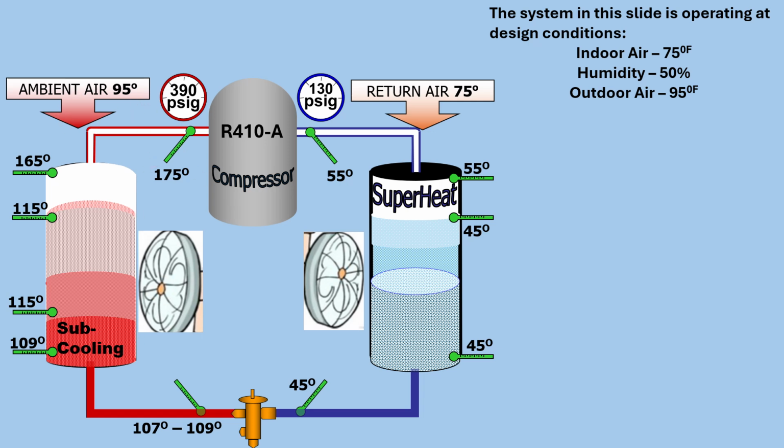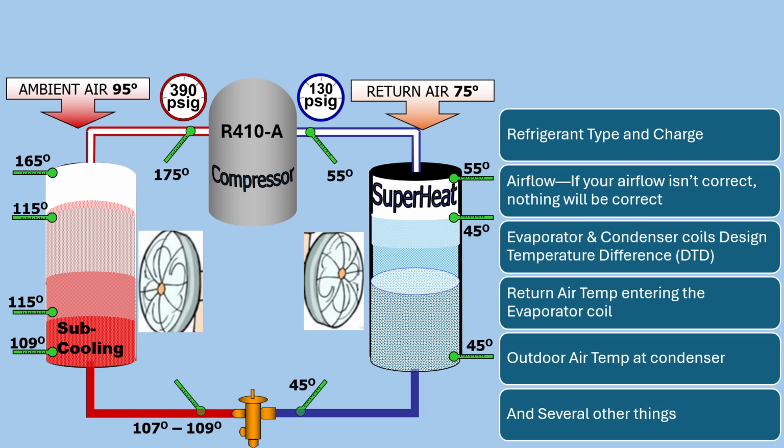And this is provided we have to know the refrigerant type and charge, airflow. If your airflow isn't correct, nothing will be correct. Evaporator and condenser coils, design temperature difference, return air temp entering the evaporator coil, outdoor air temp at condenser, and several other things.